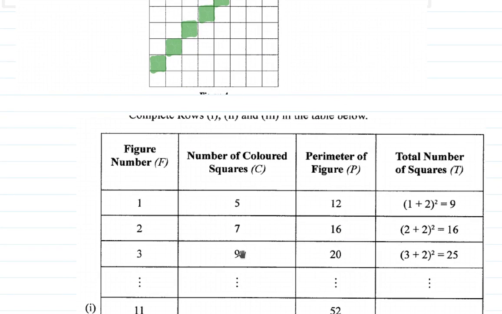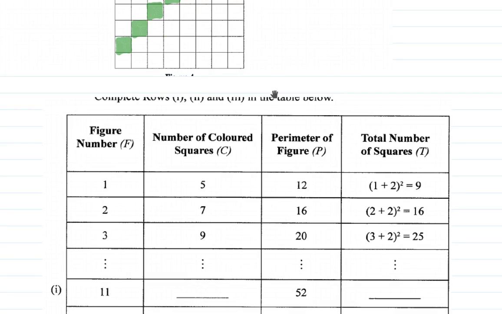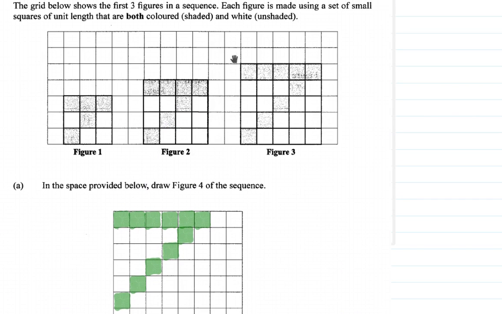Let's see figure 3. Total number of colored squares is 9 in figure 3. You have 1, 2, 3, 4, 5, 6, 7, 8, 9 colored squares. Then perimeter of the figure is 20. Okay, so you have 20.